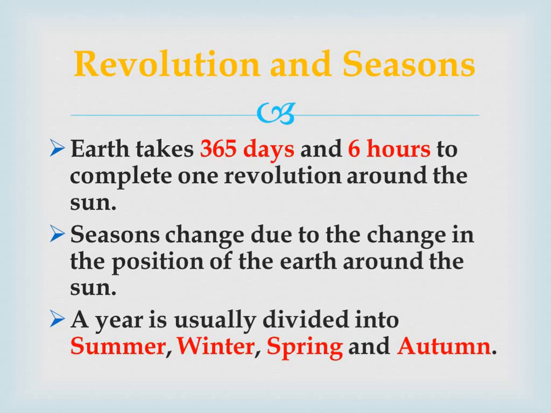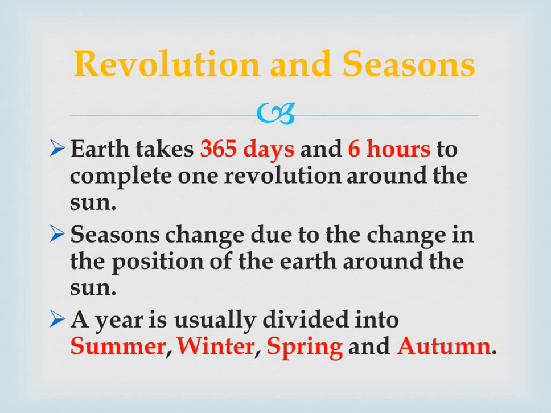When it revolves around the sun in its orbit, it changes its position, and due to the change in position, different seasons are present in different parts of the earth.